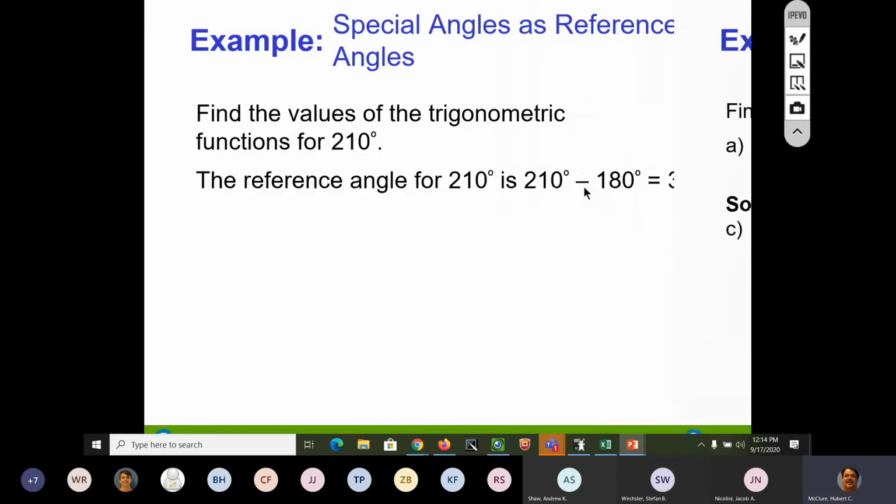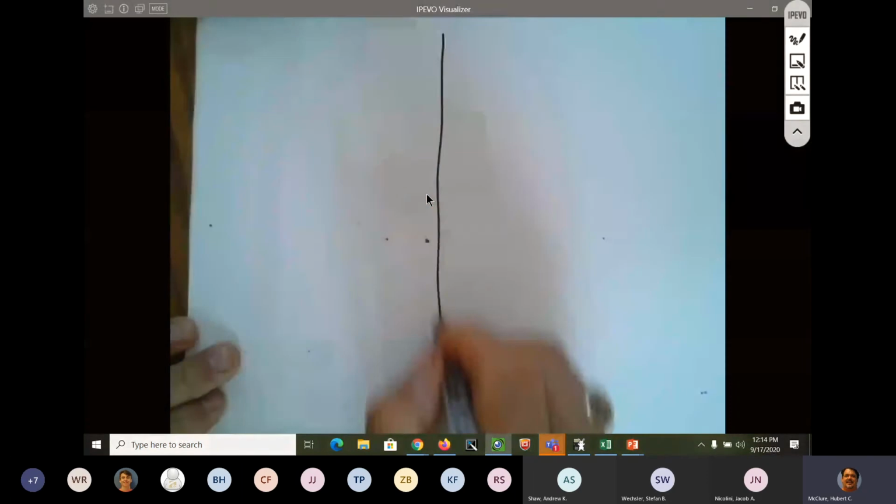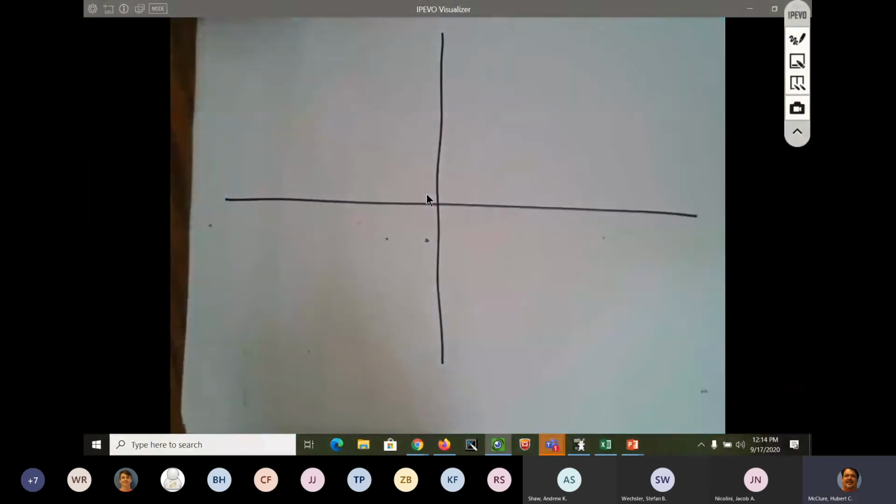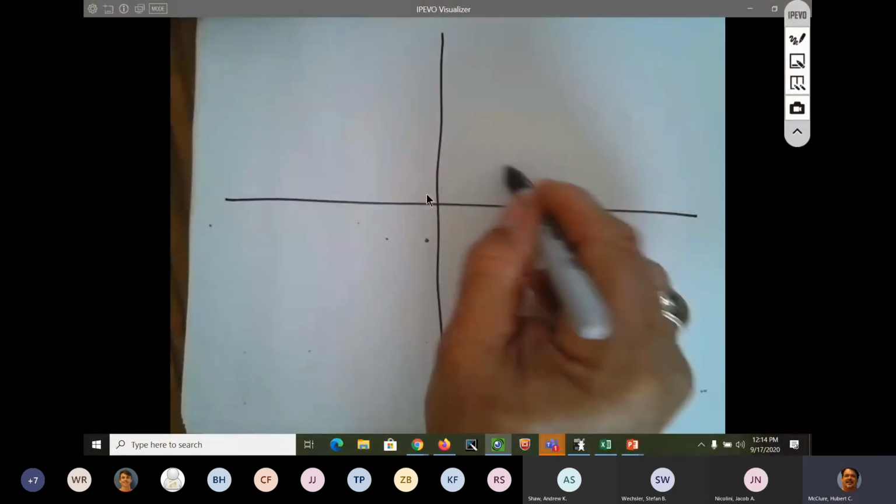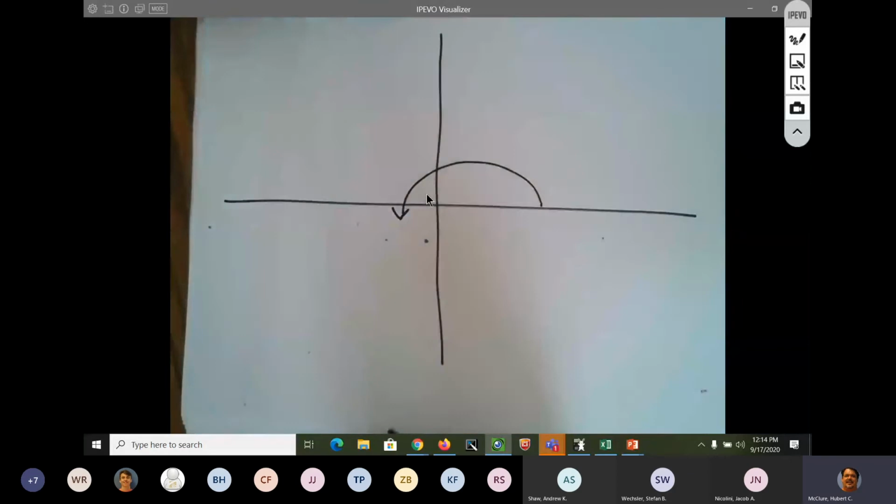Find the values of the trigonometric functions for 210. Well, 210 degrees, this is exactly what I was talking about. 210 degrees, I have no idea what to do. Well, first of all, let me draw this. 210 degrees is going to be more than 180.